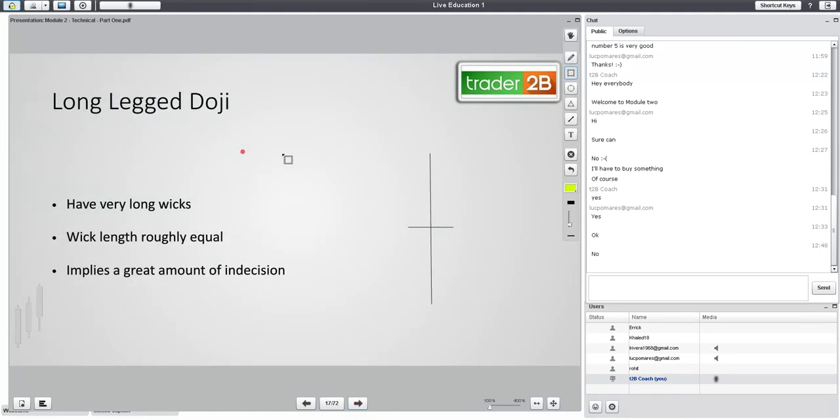Okay, so a long-legged doji essentially has very long wicks. The wick lengths are roughly equal, and they imply a great amount of indecision within the market. So as you can see here, what this basically means is that the open and the close have essentially remained at a consistent price, right?